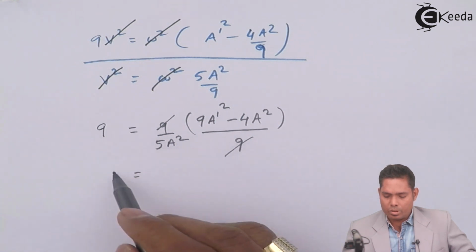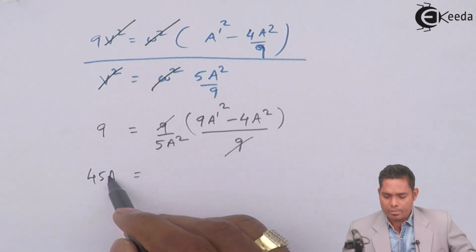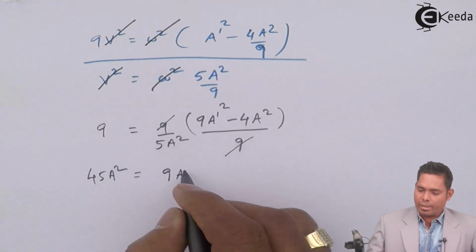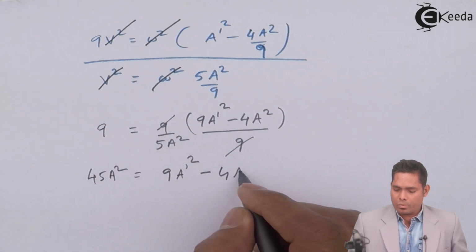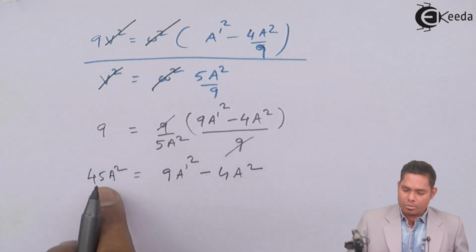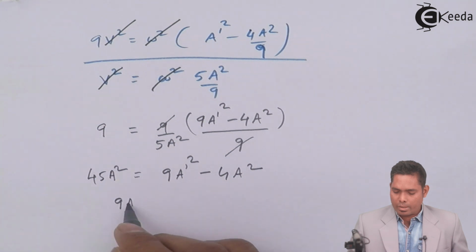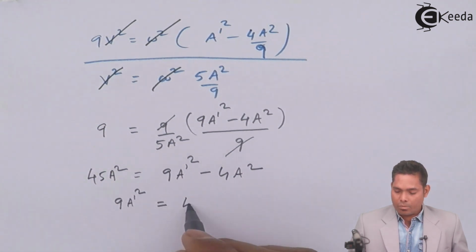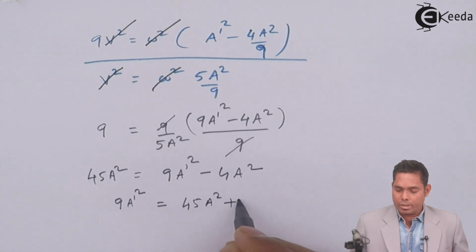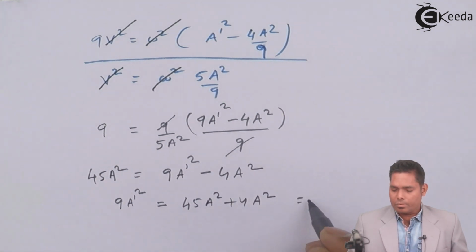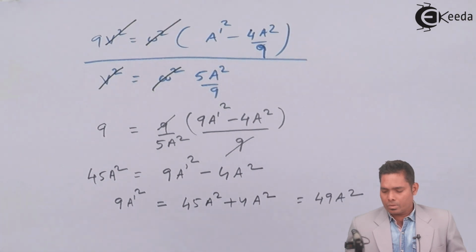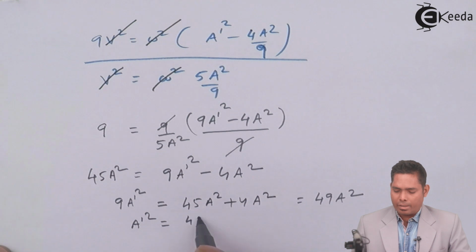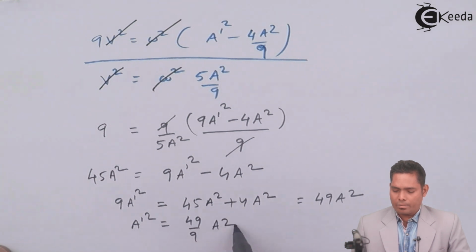This goes to this side, 45a square equals 9a dash square minus 4a square. This a square comes to this side, so 9a dash square becomes 45a square plus 4a square, that is 49a square. So a dash square is 49 divided by 9 a square.